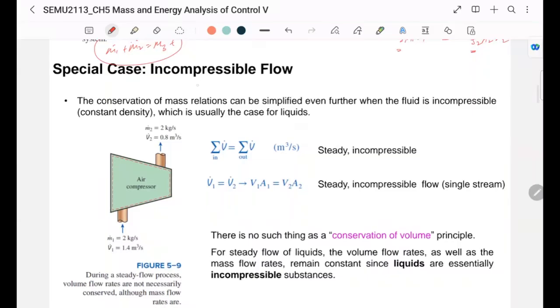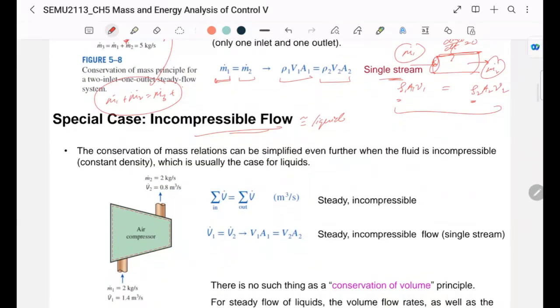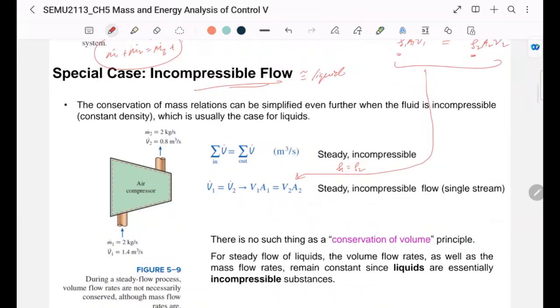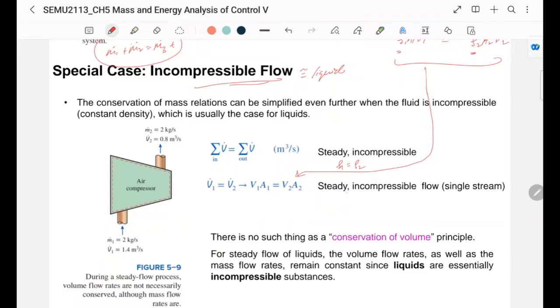When it comes to incompressible flow, most liquids are incompressible, which means density doesn't change so much. So when density doesn't change so much, this equation gets reduced to this, because now rho 1 equal to rho 2. So in the incompressible flow system, the volume flow rate is also equal to one another.